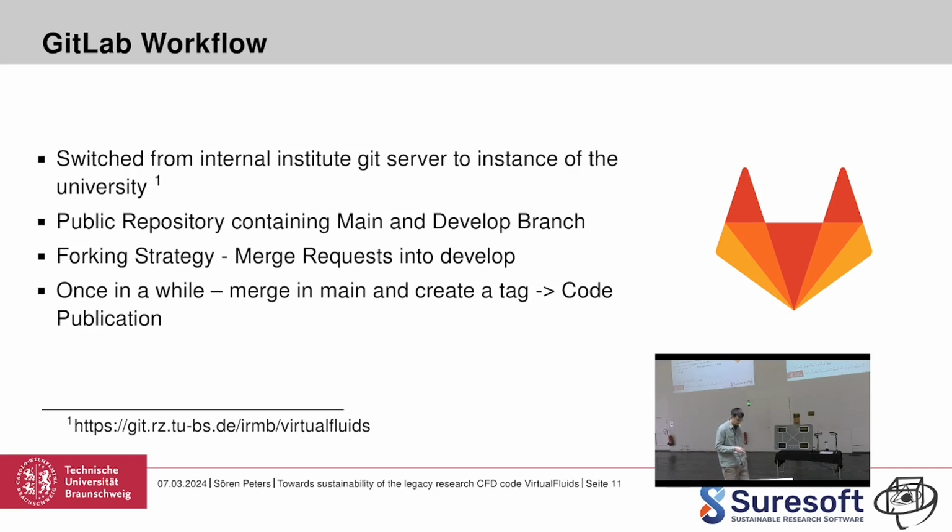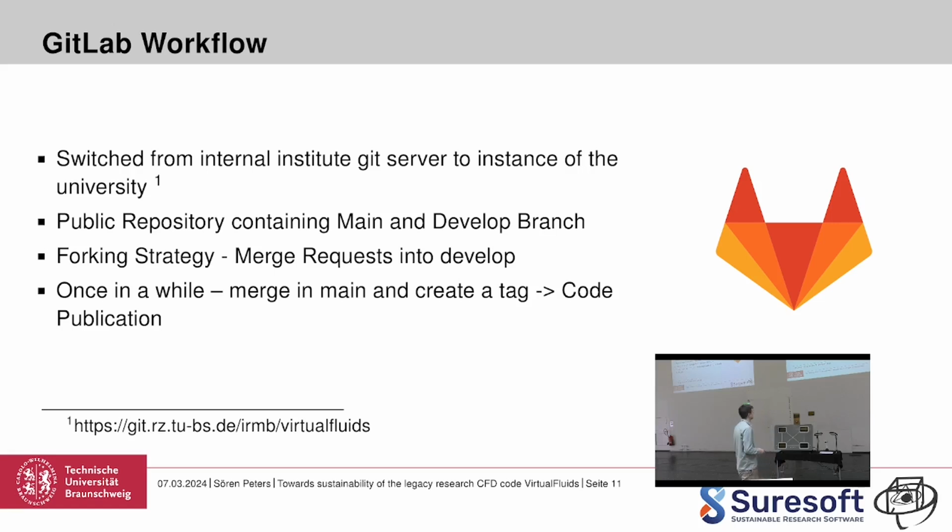So we have established a workflow in our institution. We switched from an internal repository to the university repository, which is publicly accessible. It also enables us to work with external developers, of whom we have very few.